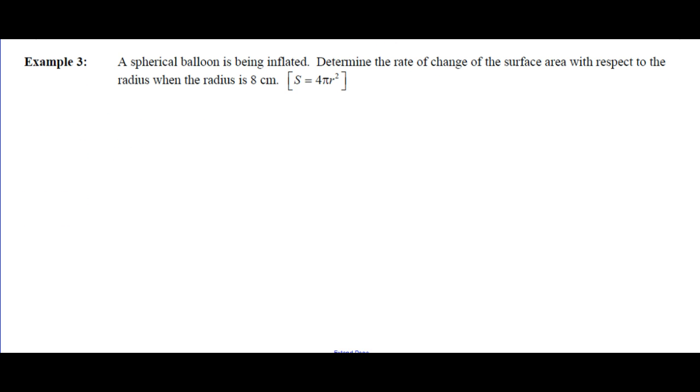Okay, so we're looking for an instantaneous rate of change, right? We're looking for the limit as h approaches 0 of s, in this case s for surface area, of 8 plus h minus s of 8 over h.